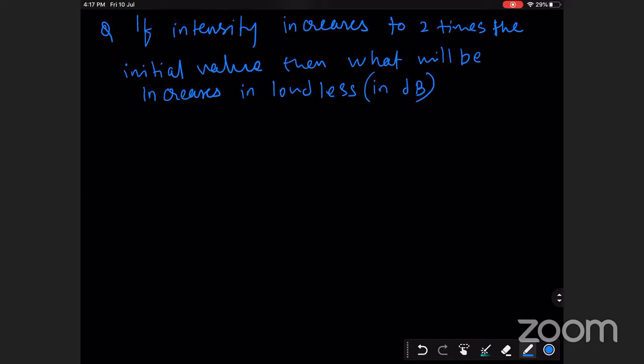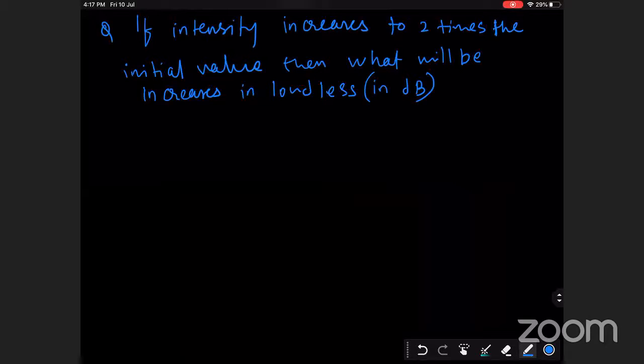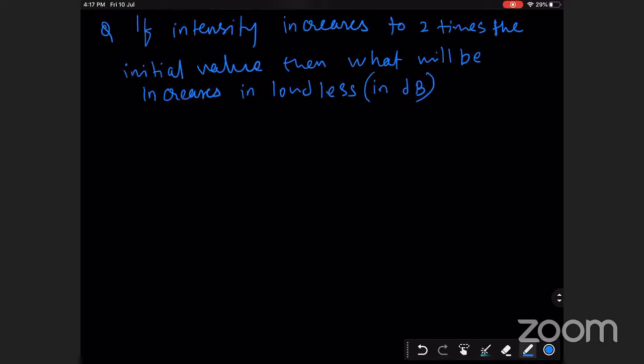Loudness of sound है ना? Sound की loudness की बात है, कुछ और बात मत करो. और हर बार वही आंसर नहीं आएगा.